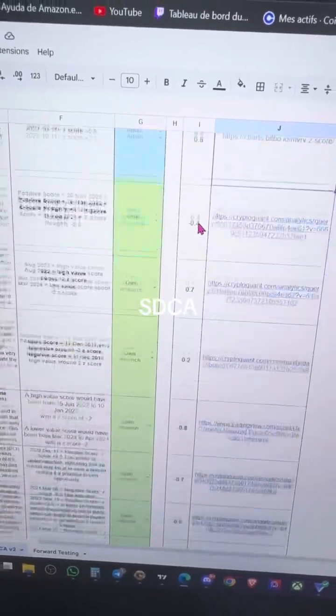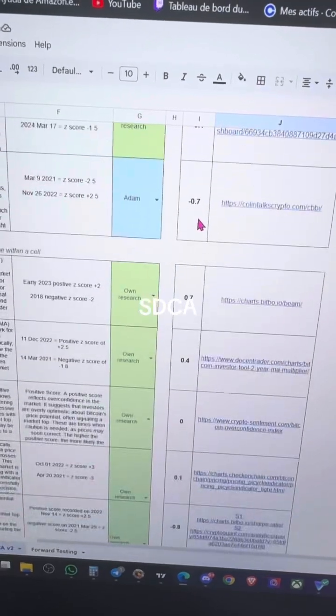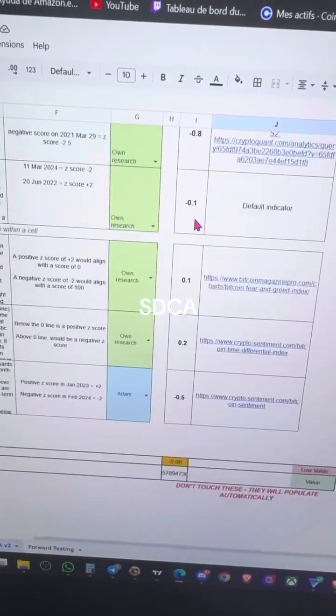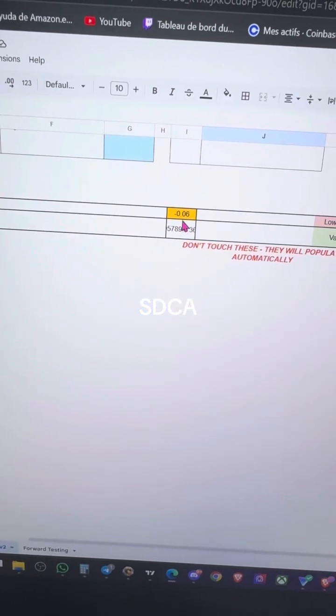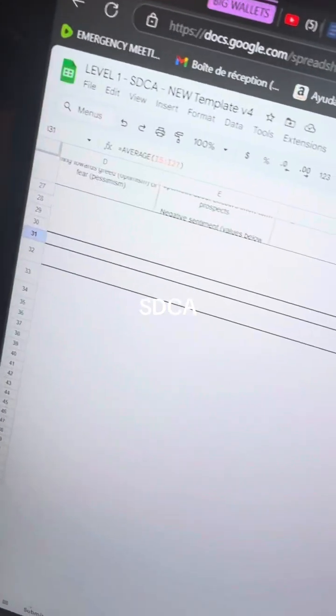So we will use multiple indicators to determine a Z score, which can range between -3 and +3. And we have the average, which is in the cell here, the average of all the cells.